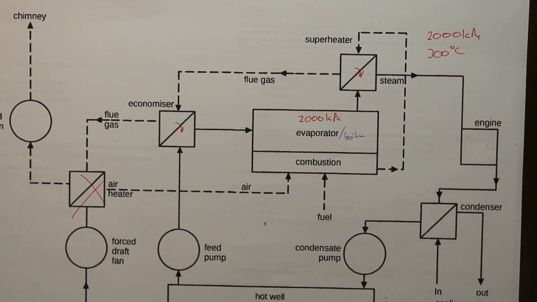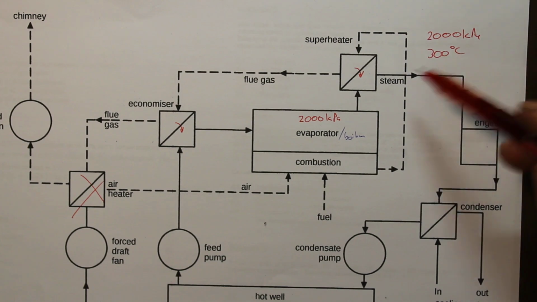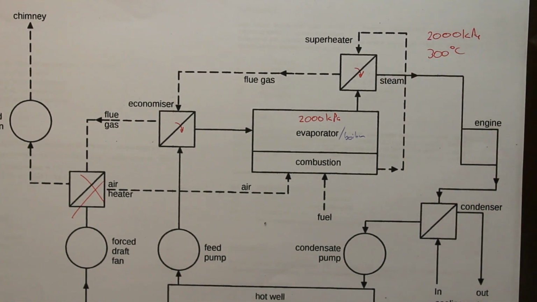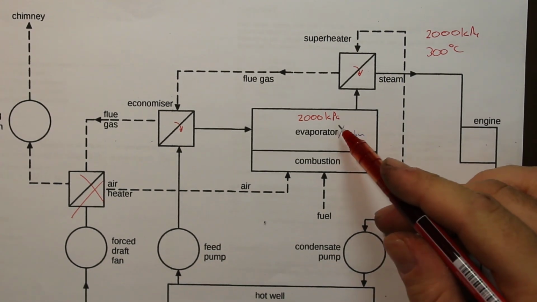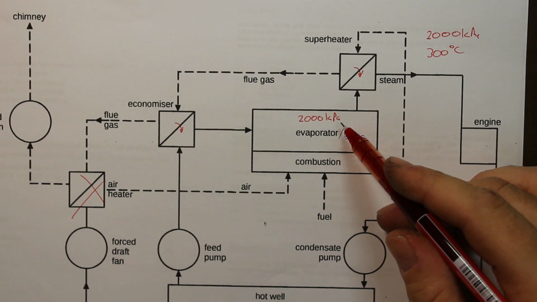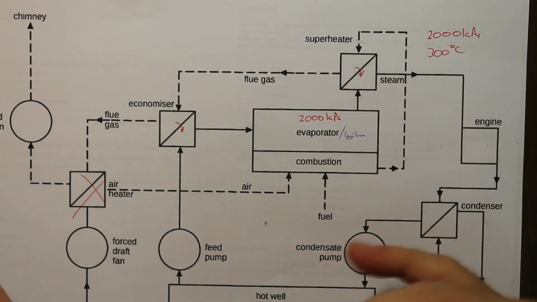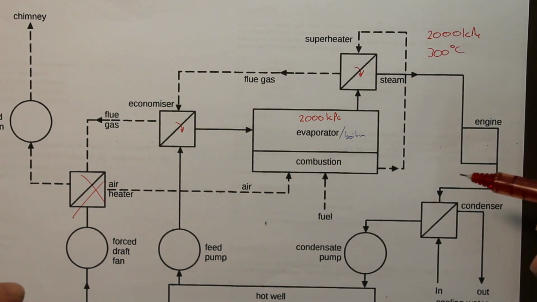When you get experience, you'll be able to quickly see that that is superheated. And you can see it's after the superheater. But how do you know that for sure? In the boiler, it's also 2000 kPa, and the superheater isn't there to raise the pressure, it's there to raise the temperature.